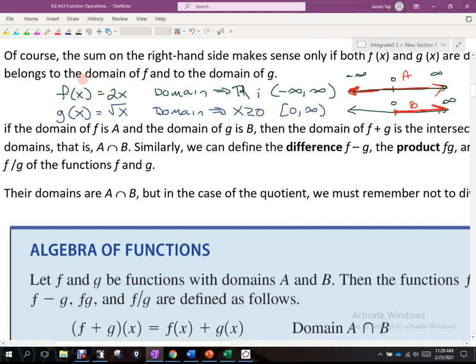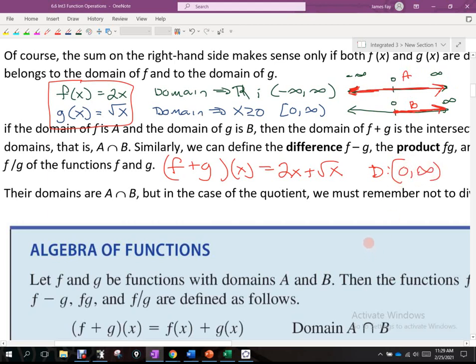Okay. So when I ask what is the domain of f plus g of x, f plus g of x looks like 2x plus square root of x. If I want to know the domain, it is where these two things overlap. So I say the domain, they overlap, 0 to infinity. Okay?